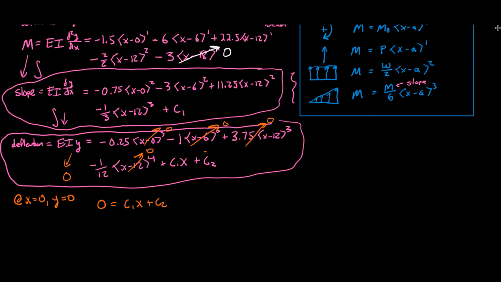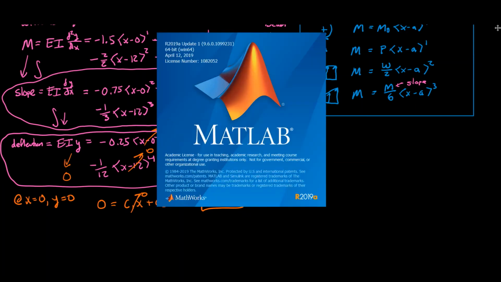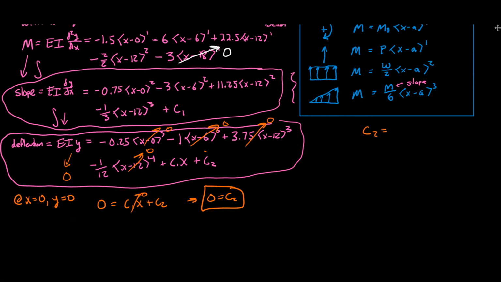And this x is 0 too, so that goes away. I'm just left with 0 is equal to C2. So we just found C2. Let's write this over here. Oh, and we don't want MATLAB to open, sorry about that. So C2 is equal to 0.